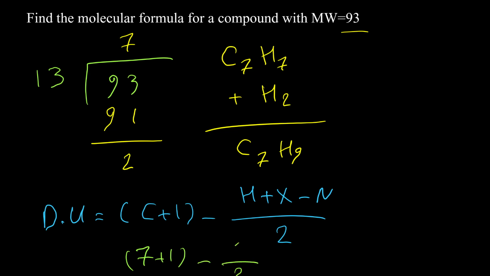We don't have halogens or nitrogen in this formula here. Then the answer is 8 minus 4.5, which equals 3.5. We cannot have a fractional degree of unsaturation because degree of unsaturation is the number of pi bonds or rings in our molecule. So this formula doesn't exist.